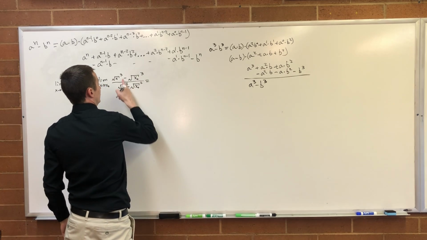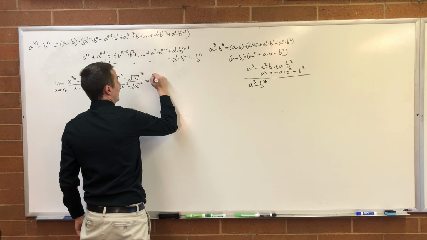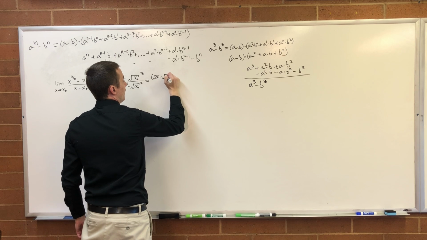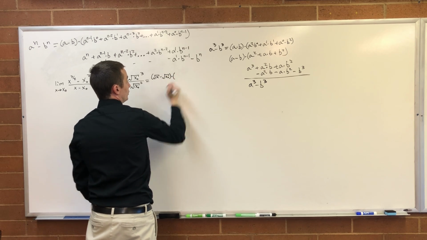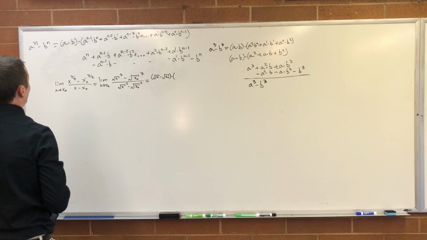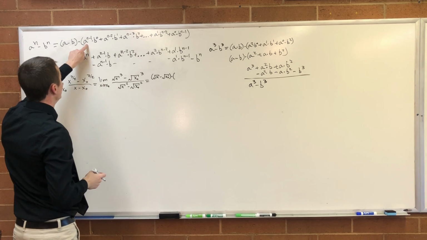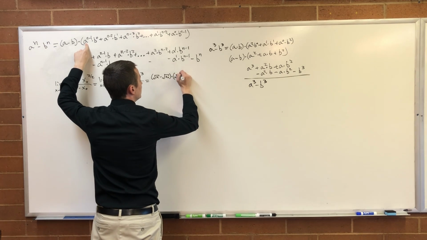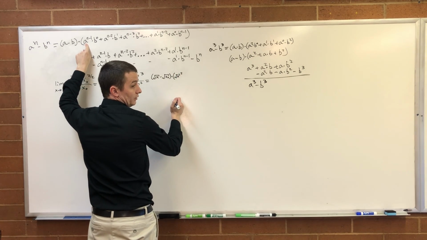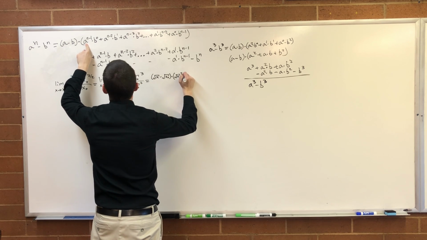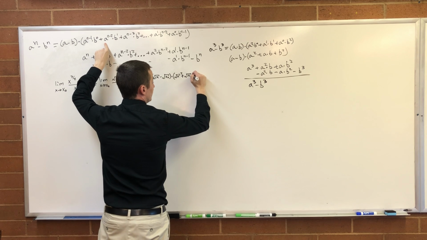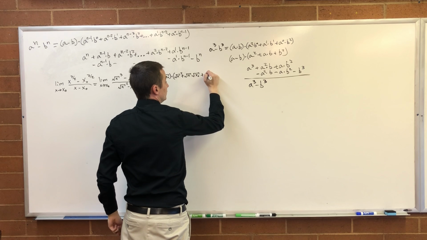So this is going to be equal to, start with the numerator, we're going to be factoring out the square root of x minus square root of x naught, and that's going to be times, following our formula, our n is 3, so we need an a to the 2, plus an a to the 1 times b to the 1, plus b to the 2.